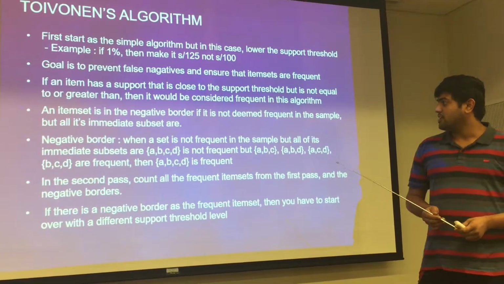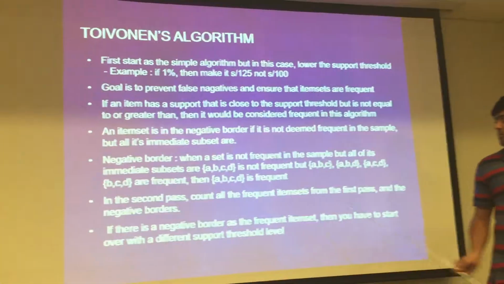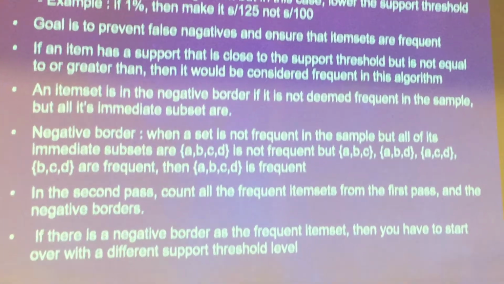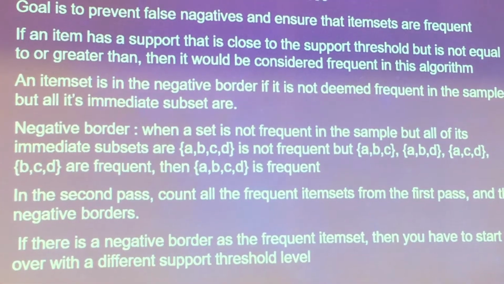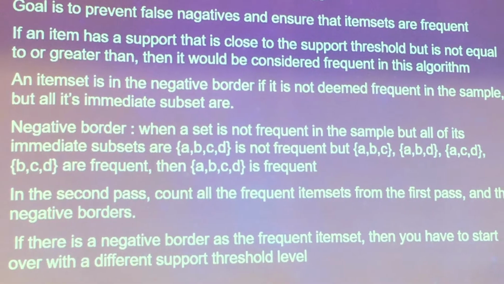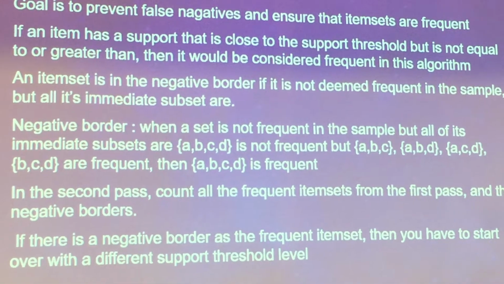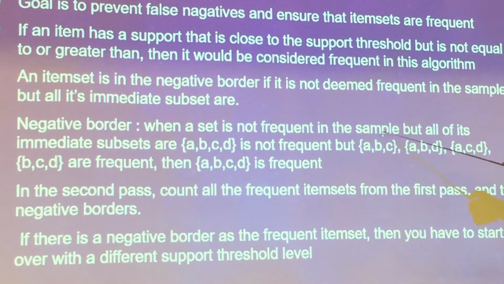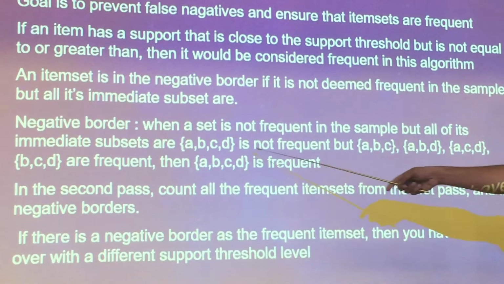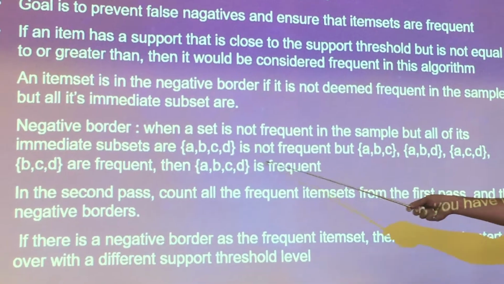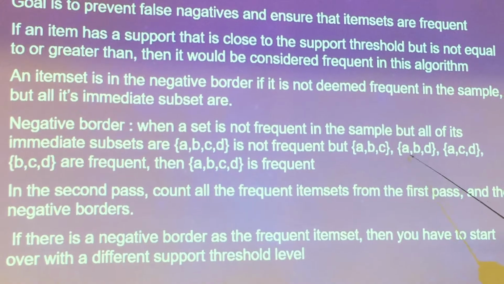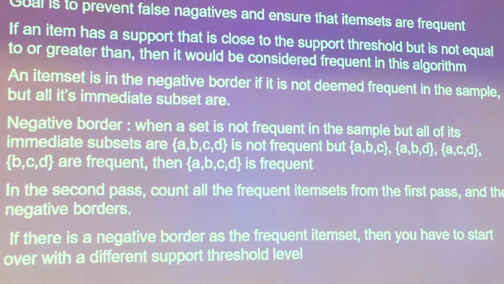Let me introduce you to the negative border, which I can define as follows: when a set is not frequent in a sample, but its immediate subsets are frequent. For example, here ABCD is not frequent in the sample, but its subsets ABC, ABD, ACD, and BCD are frequent.